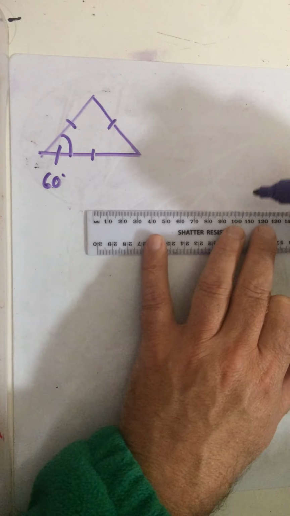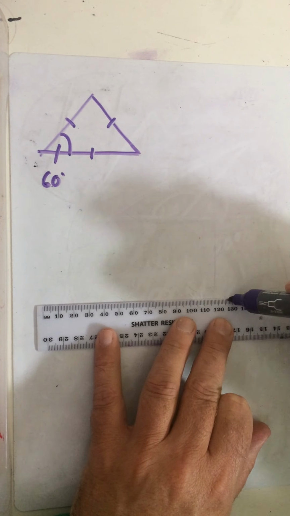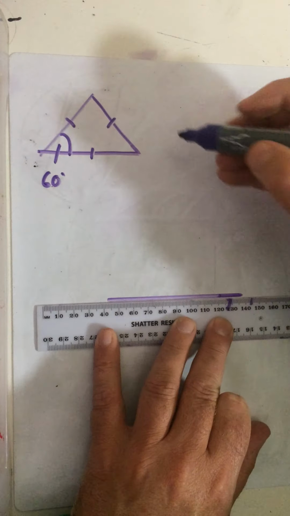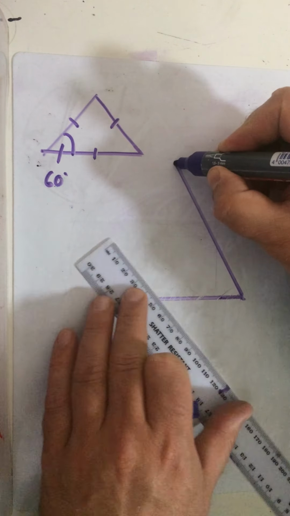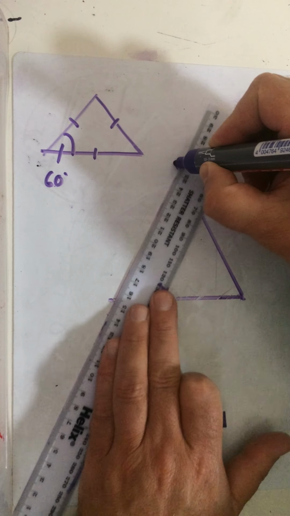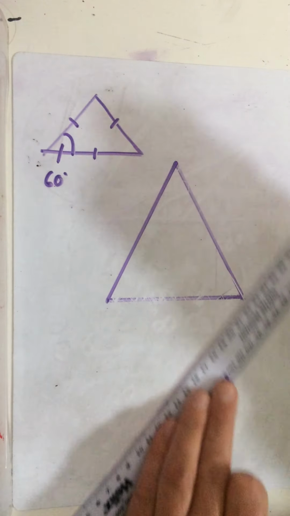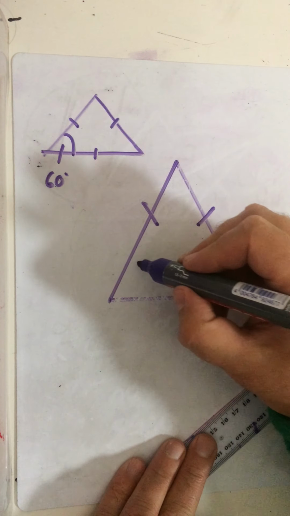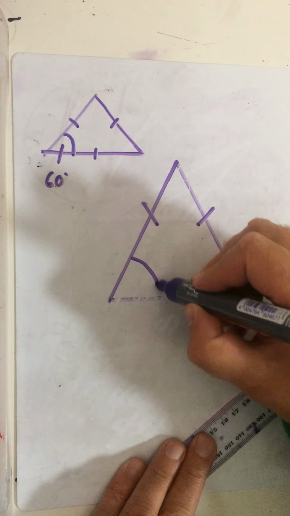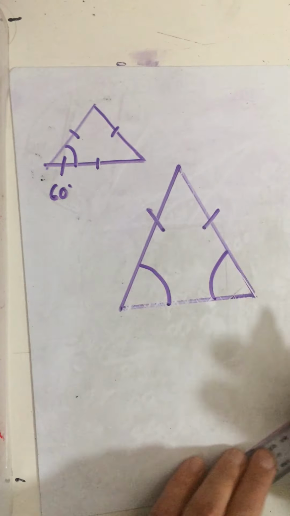Let's just work out how we can find out the missing angle on an isosceles. This one is a little bit trickier, but again, I know it's something we should be able to do with a little bit of practice. So these lines here tell me that these two sides are the same, which means this angle and this angle are the same.